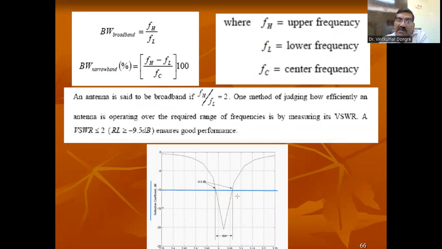So below 10 dB, this is the range. This range is the bandwidth, below 10 dB. This is the lower frequency, and this is the higher frequency. Higher frequency minus lower frequency gives you the bandwidth. Only the reference is this minus 9.5 dB. Is it clear?